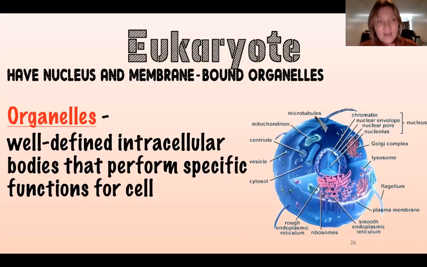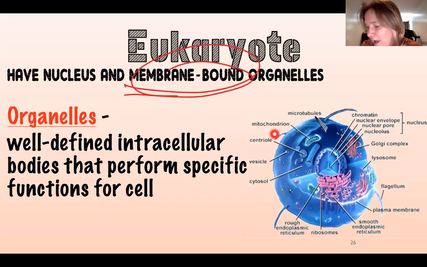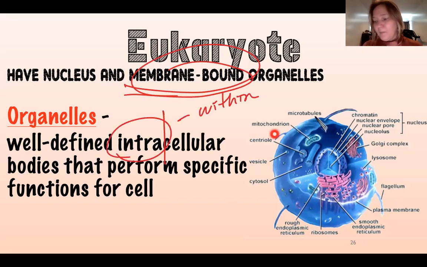So organelles, what are they? Organelles are well-defined intracellular bodies that perform specific functions for a cell. Again, vocab. Intra means within. So within a cell. In chemistry, you learn intermolecular and intramolecular forces.